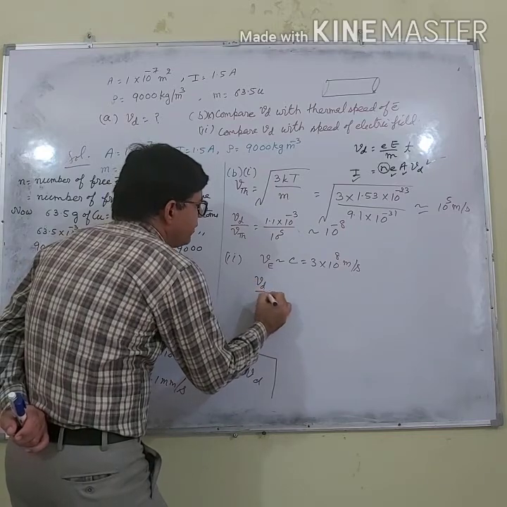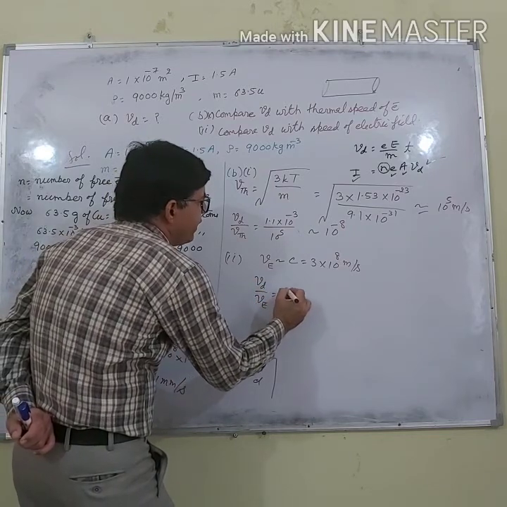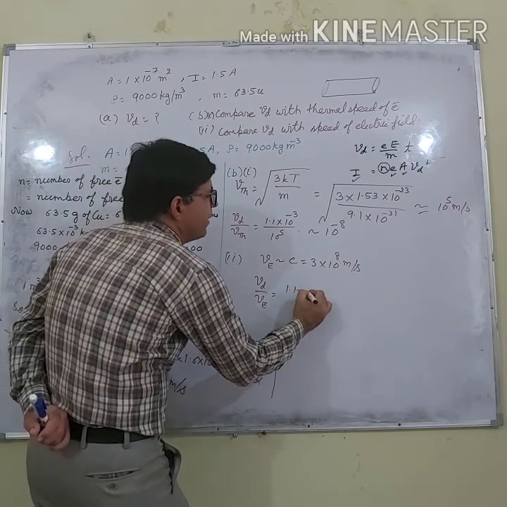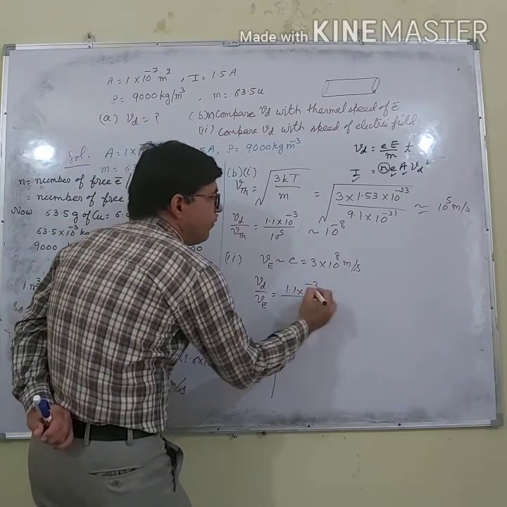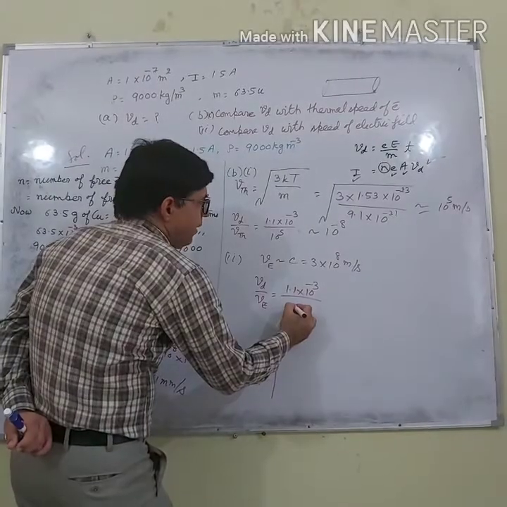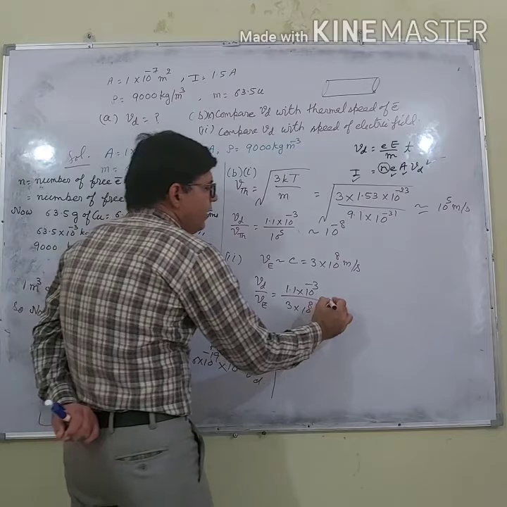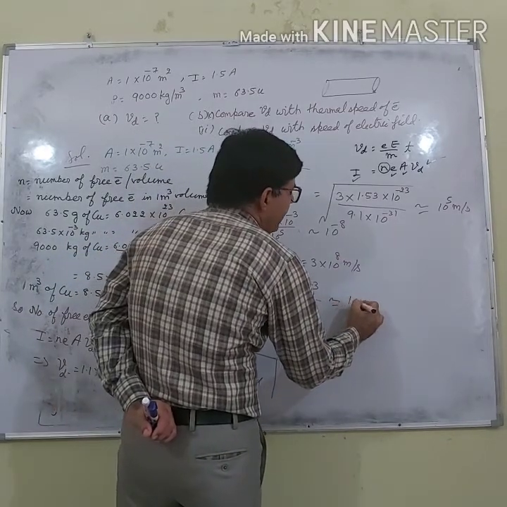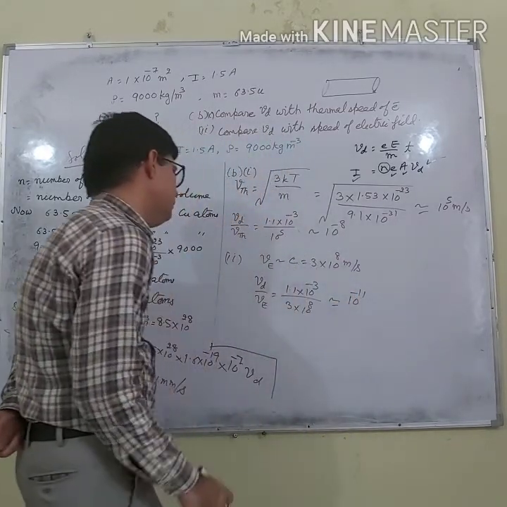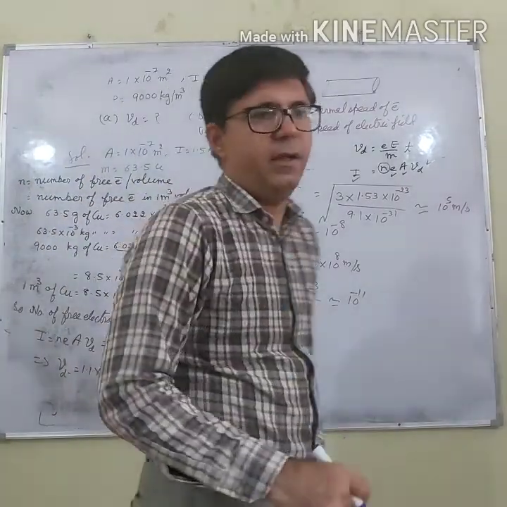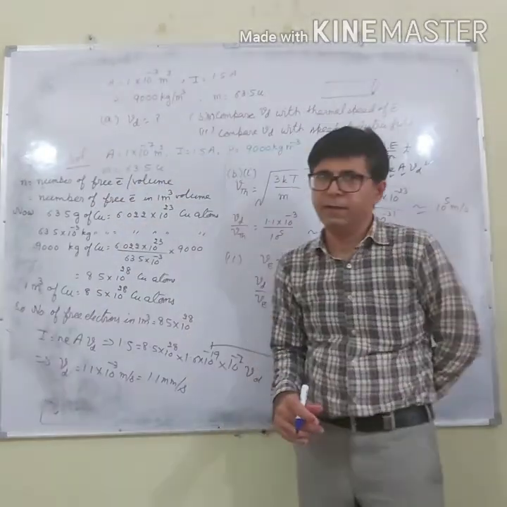Drift velocity is 1.1 millimeter per second, and here 3 into 10 to the power 8. So the ratio will be approximately 10 to the power minus 11. So you can see how small the drift velocity is.